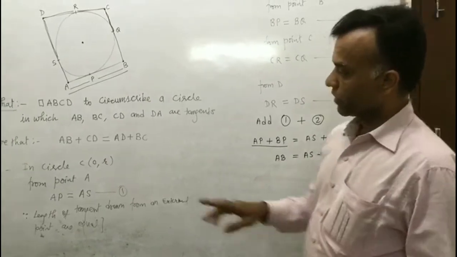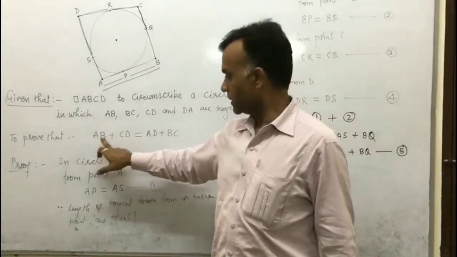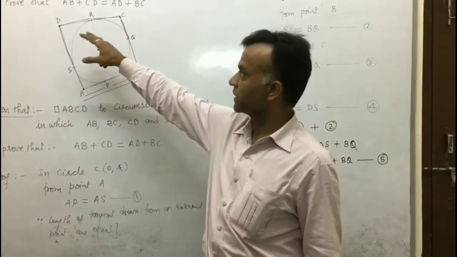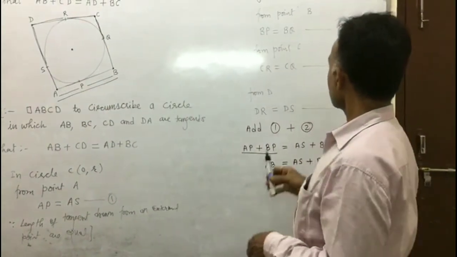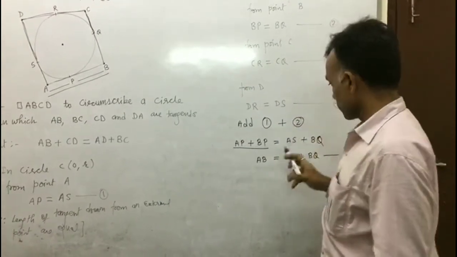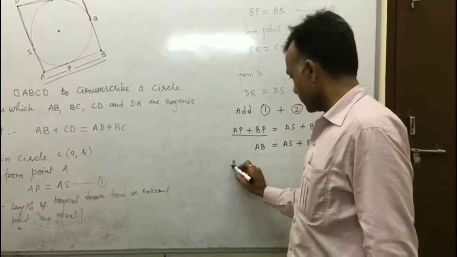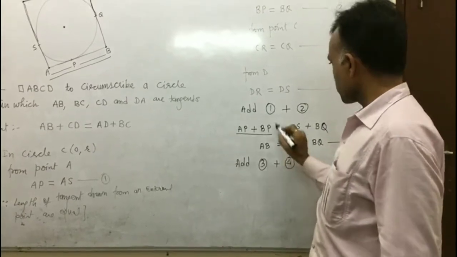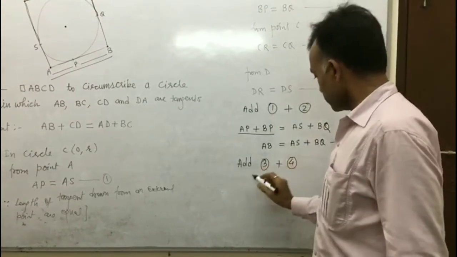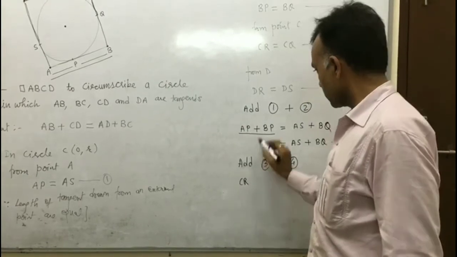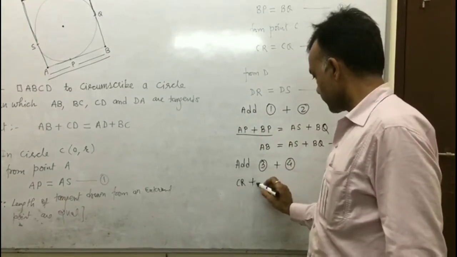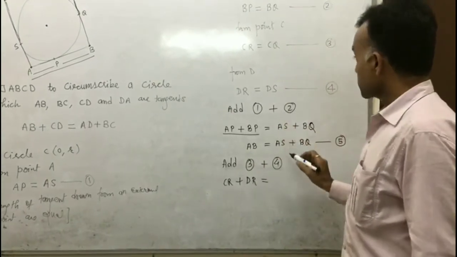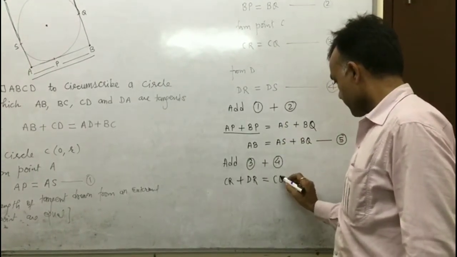Similarly, now we got the first one, AB. Similarly, we get CD here, and CD is formed by CR and DR. So CR and DR equations are like your equations 3 and 4. So you add again equation 3 plus 4. Equation 3 is CR and the left hand side is DR. CR plus DR equals CQ plus DS.